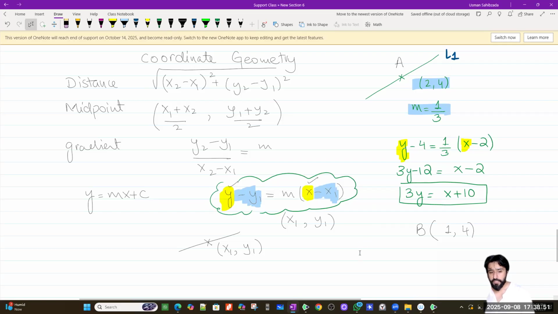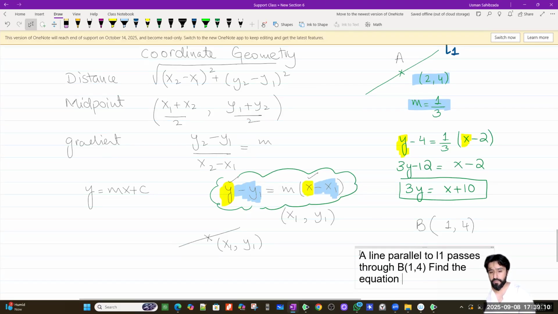So the statement can go: a line parallel to L1 passes through B, which is 1 comma 4. Find the equation of the line. And they might call it L2.